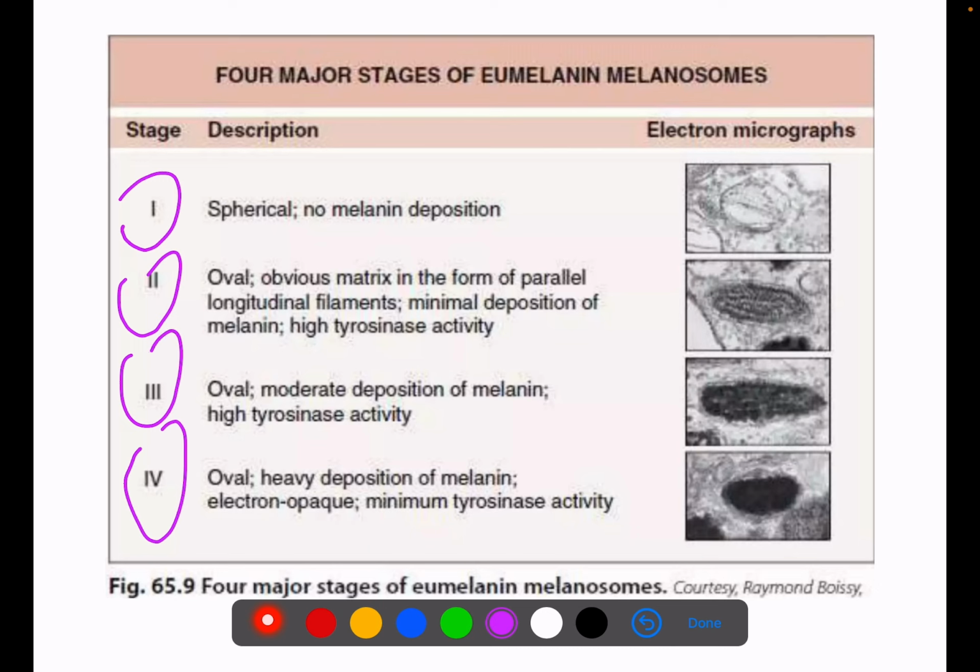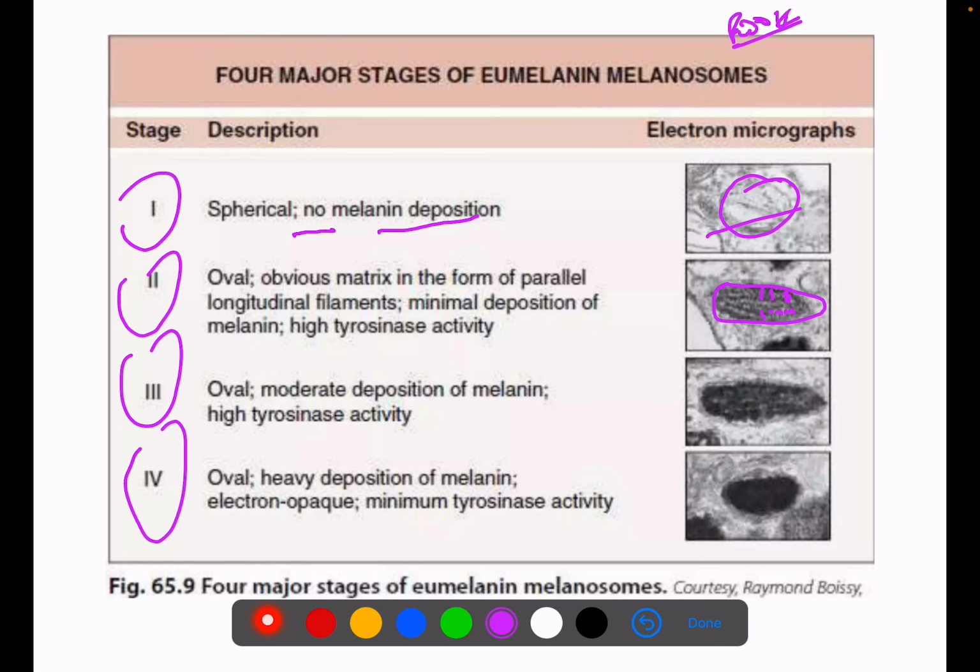Electron microscopy images are not very good in this book, but in this PPT, but try looking for it in your books. Stage 1: spherical, no melanin deposition. Stage 2: oval, obvious matrix in the form of parallel longitudinal filaments, minimal deposition of melanin, high tyrosinase activity.